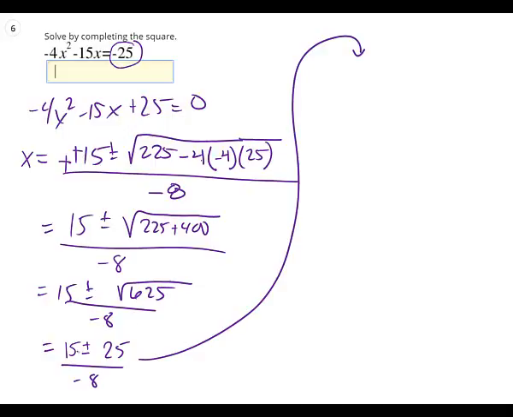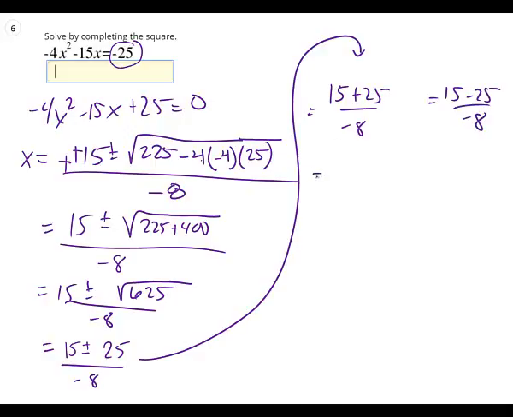Okay. All right. So this one was factorable, but that's okay. Quadratic formula worked for us too. I've got 15 plus 25 over -8. And then I also have to calculate 15 minus 25 over -8.